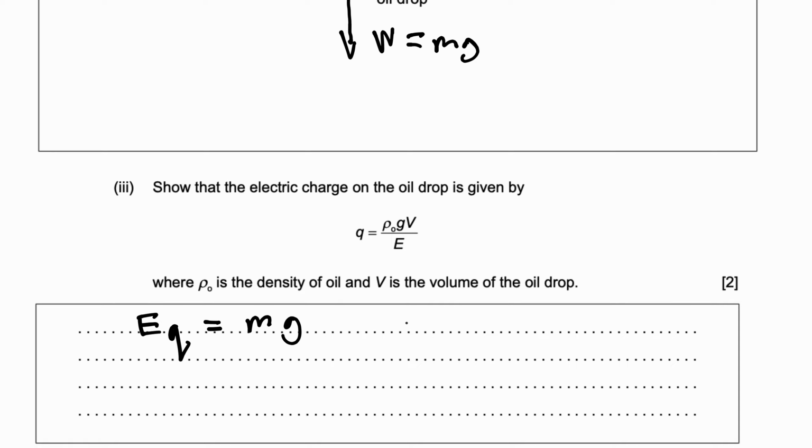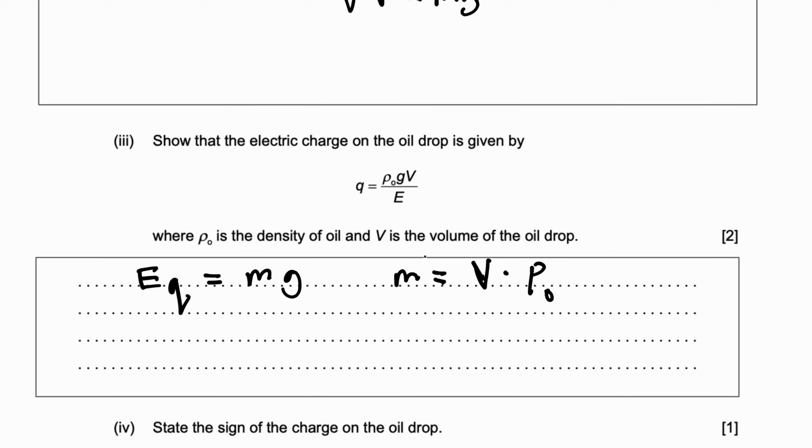And I know that m can also be written as the volume times the density of oil. This is how mass can also be written. So instead of m, I can substitute this into this expression.